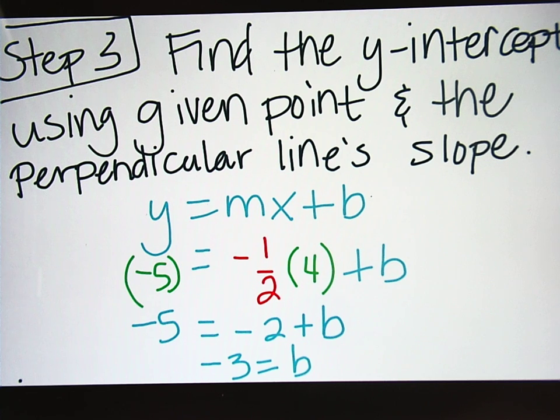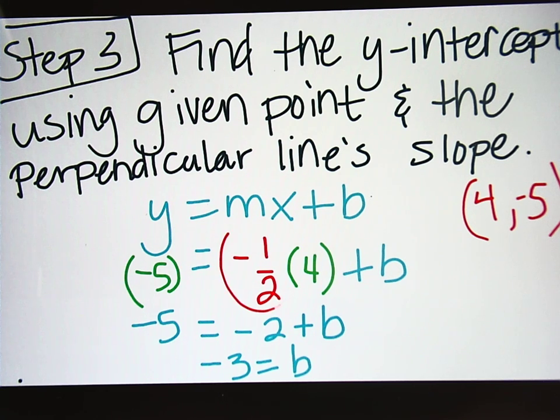The point that we were given was (4, -5), so we substituted 4 for x and negative 5 for y. And for the new line, since it's perpendicular, we discovered that the slope is negative 1/2.